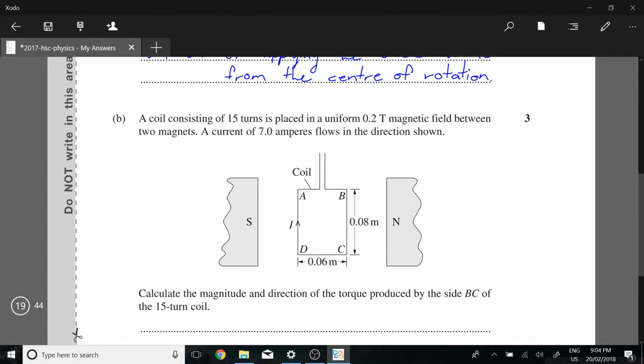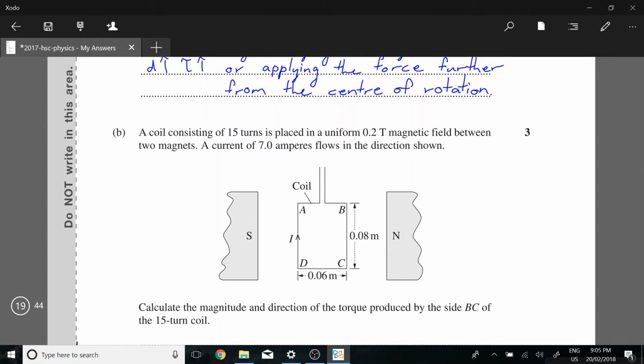Question B. A coil consisting of 15 turns is placed in a uniform 0.2 Tesla magnetic field between two magnets. A current of 7.0 amperes flows in the direction shown. Calculate the magnitude and direction of the torque produced by the side BC of the 15-turn coil.